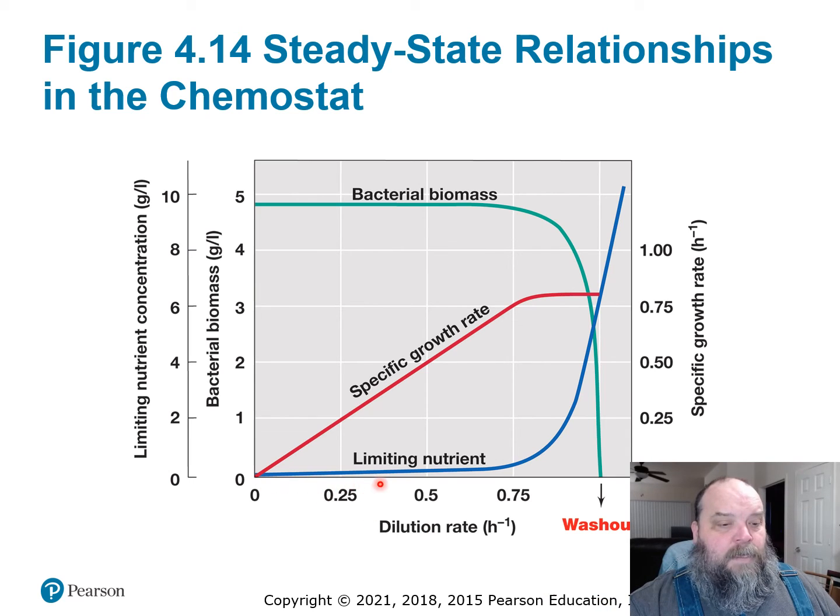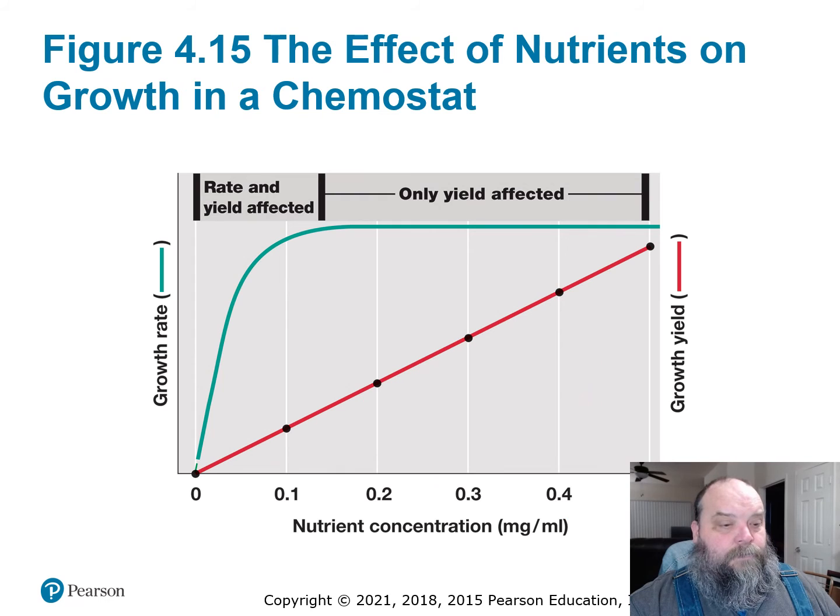So you can use limiting nutrients. Limit certain nutrients, bring the growth rates down, and then your maximal biomass can be maintained longer. Nutrients are going to be your limiting factor.